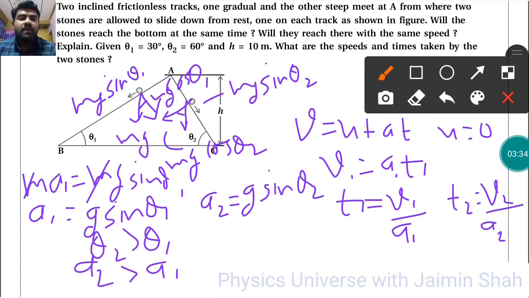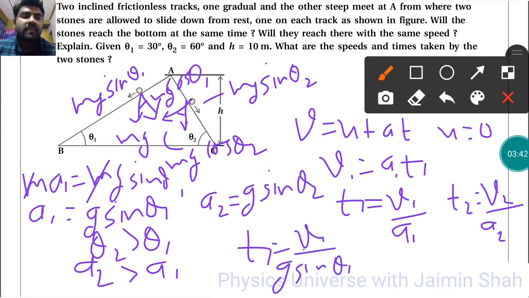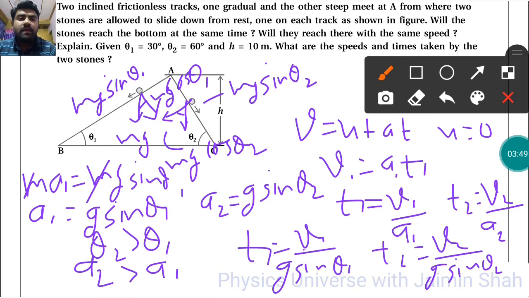Putting in the formulas, t1 is v1 upon g sin theta 1, and t2 is v2 upon g sin theta 2. We can find both of them.